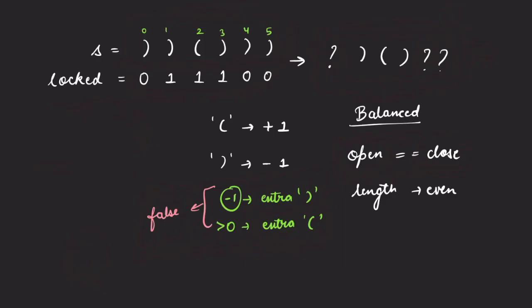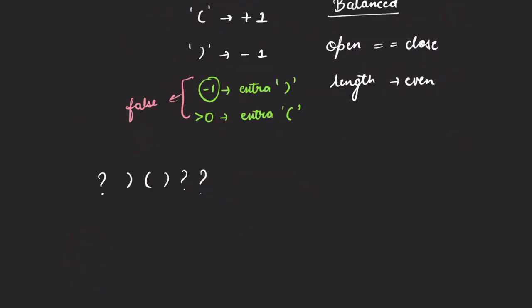So see, what we can do is that in our string, if I write it below, this is how the string looks like, right? Now, we need to check whether in any case we are having extra closing brackets or extra opening brackets. Now to check that, what I can do is that at all of these placeholder values, I will consider all of them as opening brackets, right?